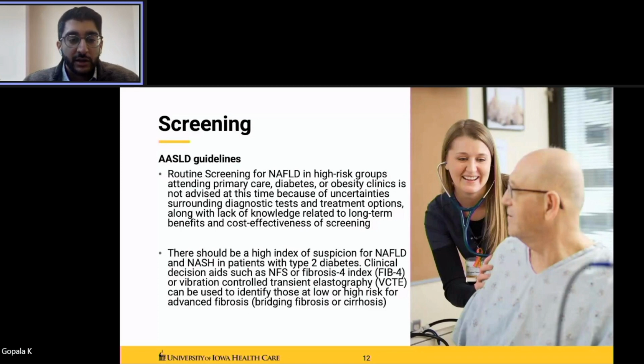But they did say if there's a high index of suspicion for NASH or NAFLD in patients with type 2 diabetes, you can use clinical decision aids such as the NAFLD fibrosis score or fibrosis 4 score, FIB-4, or FibroScan, otherwise known as vibration-controlled transient elastography, to screen patients for fibrosis or risk for progression.